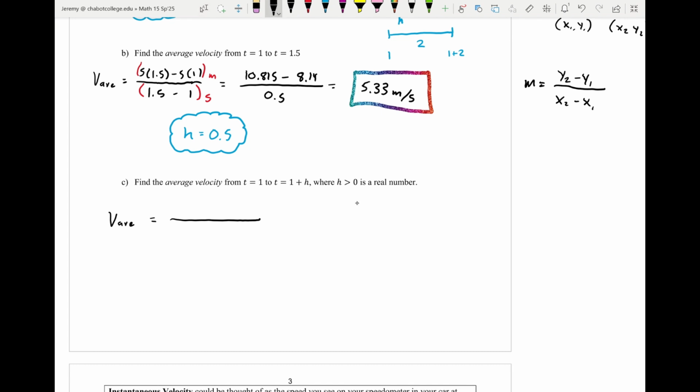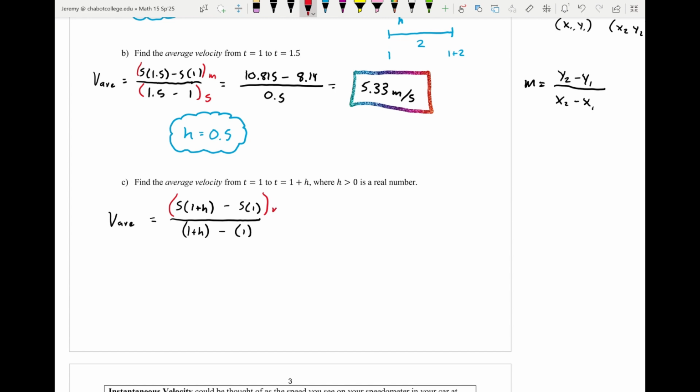So let's do it. We would plug into the function. We would get s of 1 plus h, because we do the final position first, minus s of 1, divided by 1 plus h, the final time, minus the initial time, which is just 1.